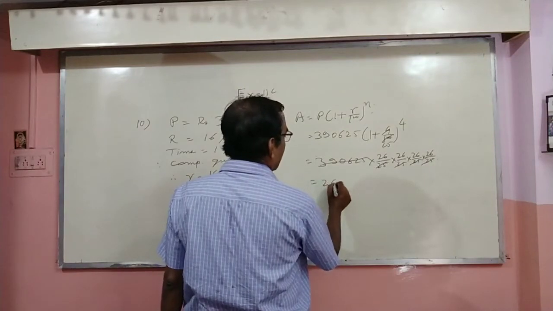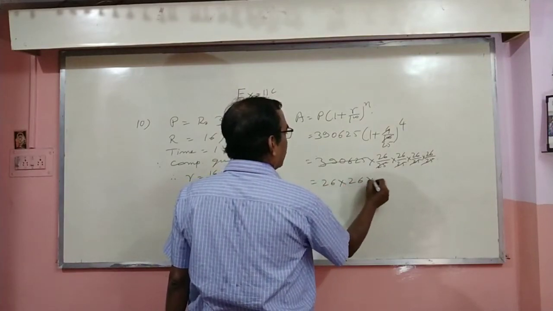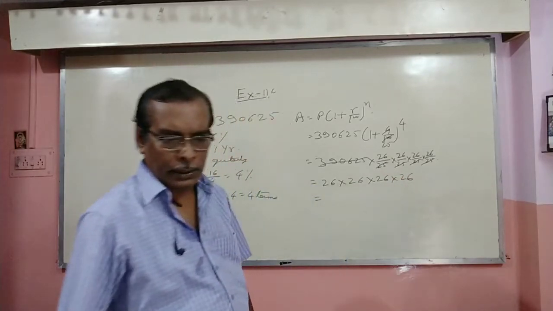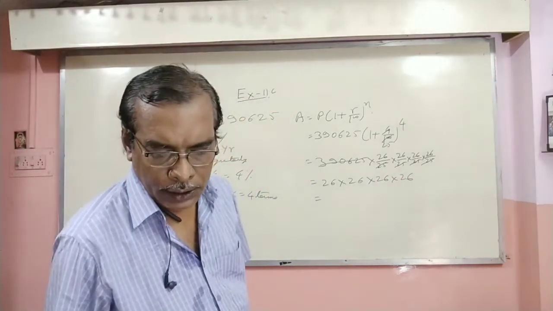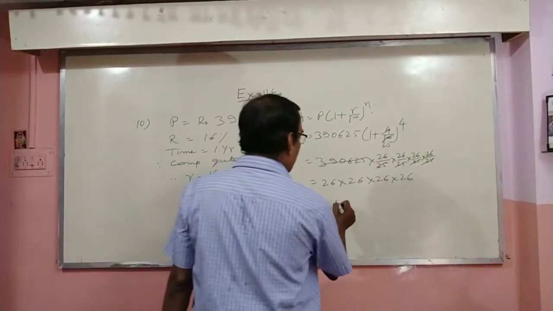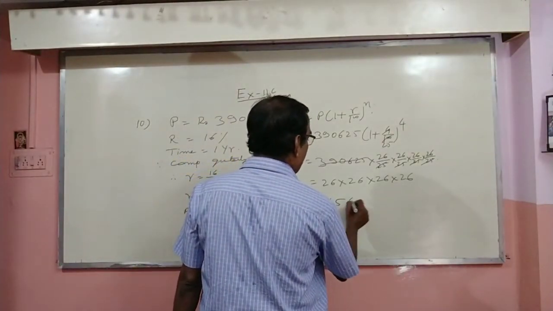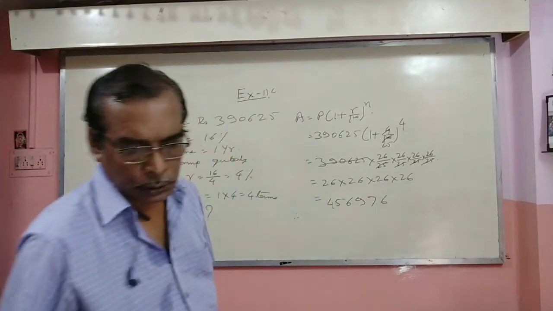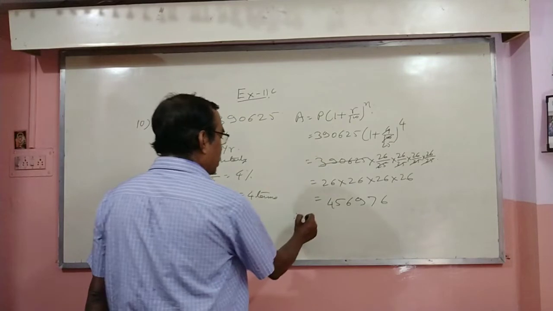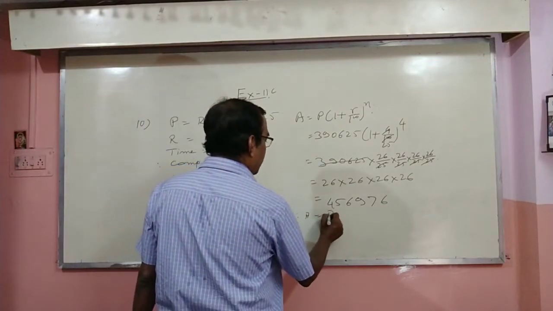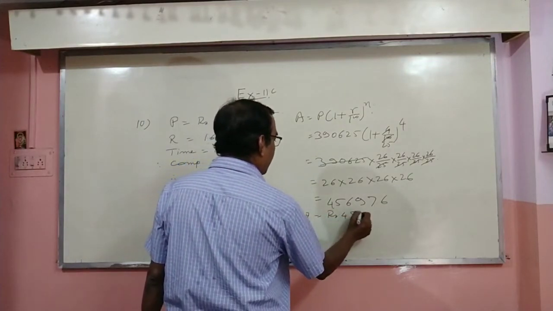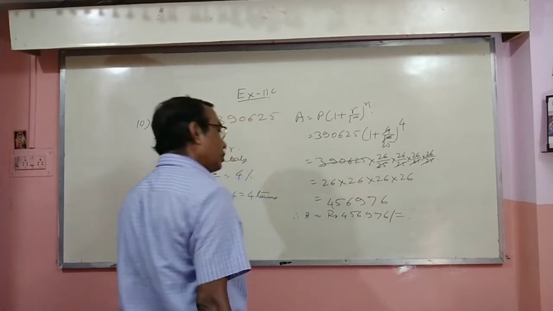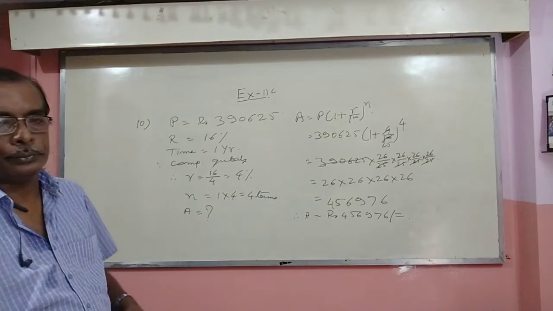That is 26 into 26 into 26 into 26. And finally the answer is coming as 4,56,976. So amount is equal to rupees 4,56,976, and that will be your answer.